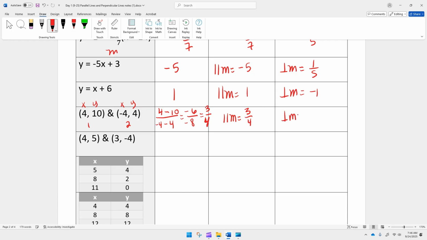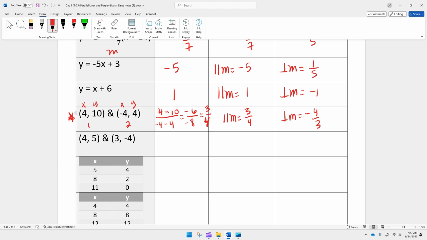Perpendicular slope is going to be -4/3. Listen, I'm putting a star next to these because now we're starting to get into the more challenging type questions, because if you mess up in finding your slope, that's going to mess up everything else. Okay?